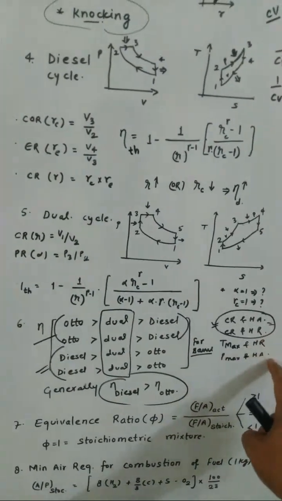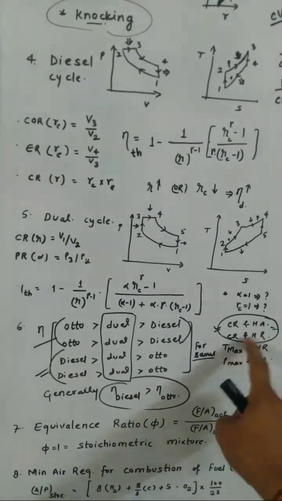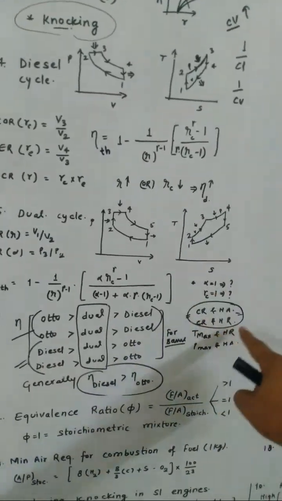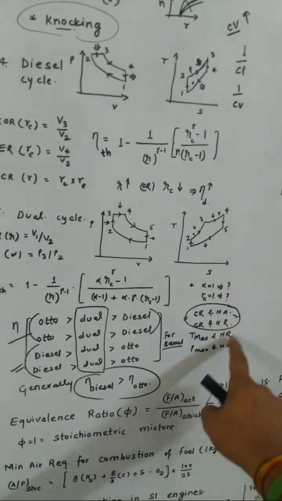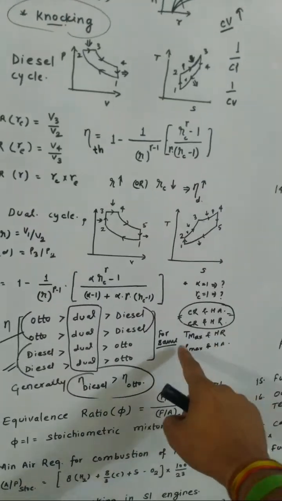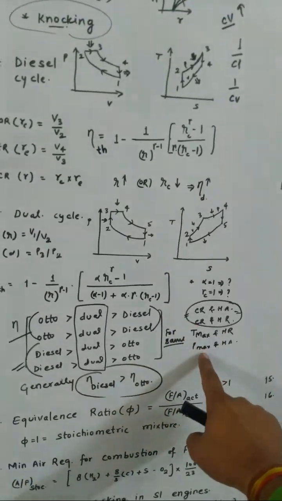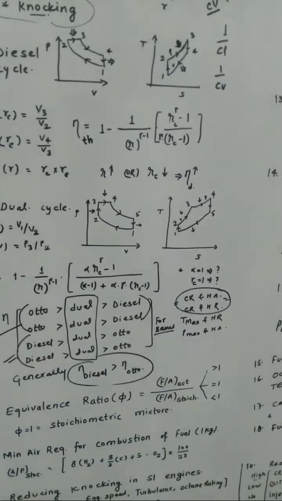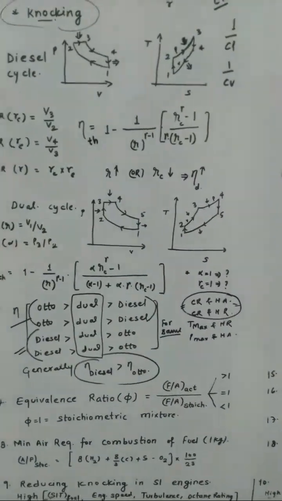So these are the actual limiting or practical factors. Same compression ratio is only seen in the theoretical case. So in this scenario, where the limit is either maximum temperature or maximum pressure, the efficiency of the Diesel cycle will be more than the Otto cycle.